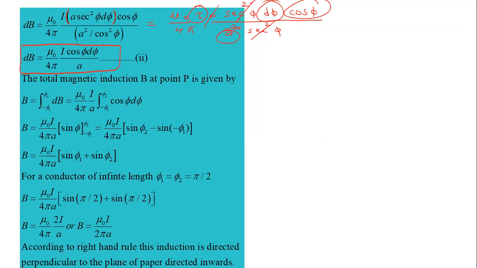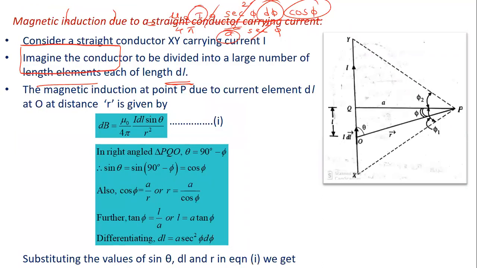Total magnetic induction at point P is given by integrating it between the limits phi 1 and phi 2. You can see in the diagram, phi 1 is this angle and phi 2 is this angle, because we have to find the magnetic induction at point P due to this part of the wire.